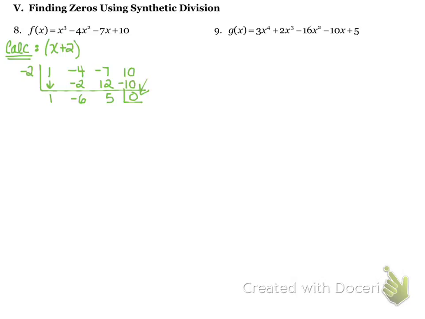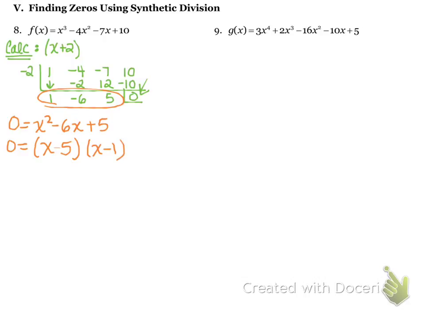So, from doing synthetic division, I now have a quadratic, x squared minus 6x plus 5, that I can factor. If this was set equal to 0, we would have x minus 5 and x minus 1. So that means my original function, f of x, can be written as x minus 5 times x minus 1, and don't forget that x plus 2.